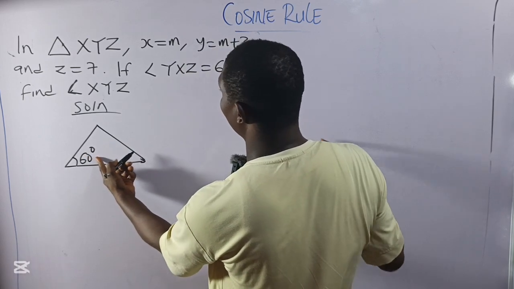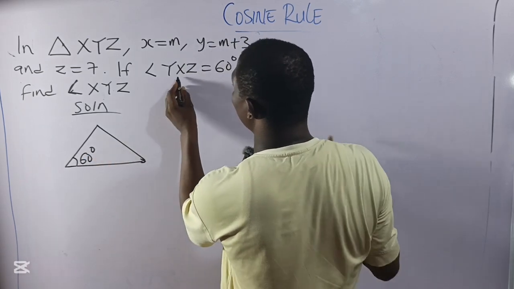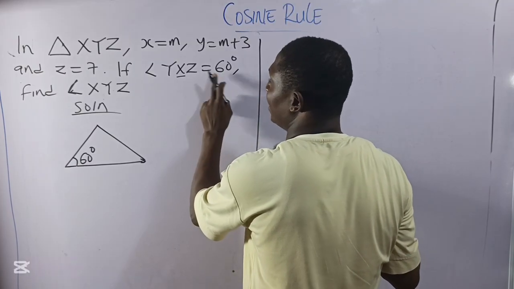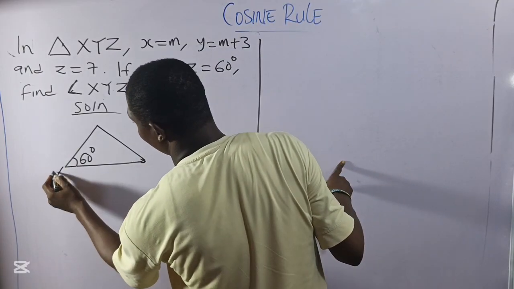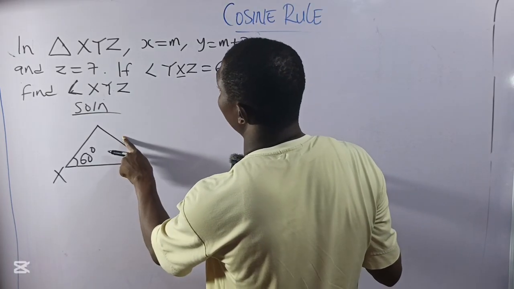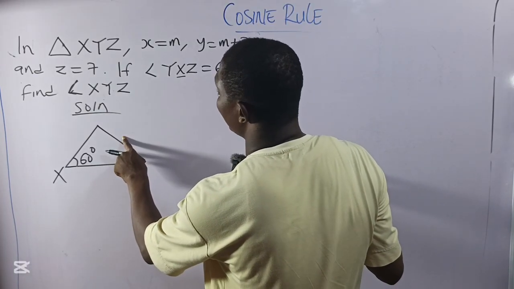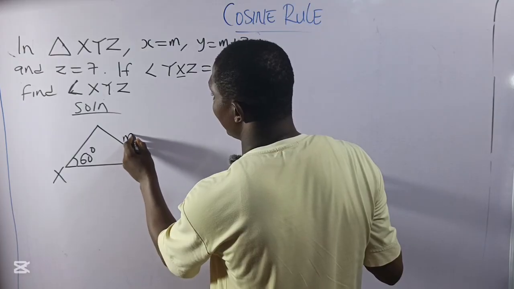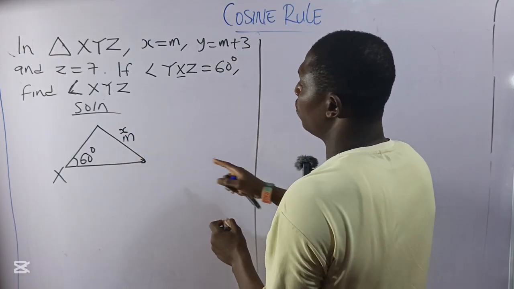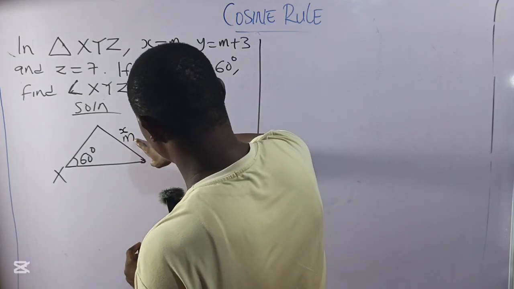If I put my 60 degrees here, then here must be X, because it's this middle term that defines this angle. This angle, 60 degrees, has to do with my X. So if there is my capital X, then here must be my small x. My small x is equal to m, so I'll put my m here and X at the top. Take note.